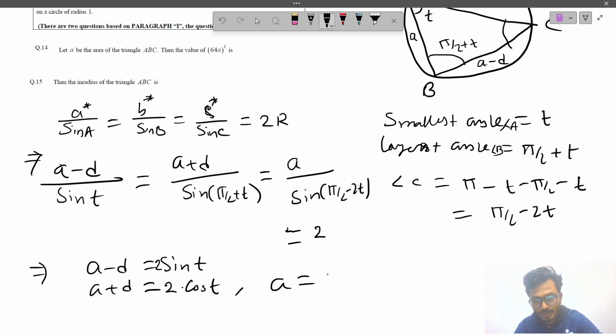And a will be 2 sine of pi by 2 minus 2t, that means 2 cos 2t.